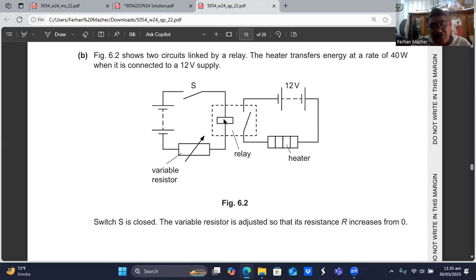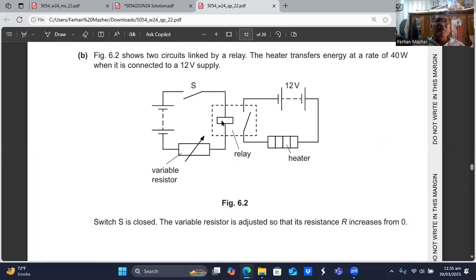The strength of the electromagnet formed on that coil depends upon the amount of current flowing through it. So if the current decreases, the electromagnet will become weaker.